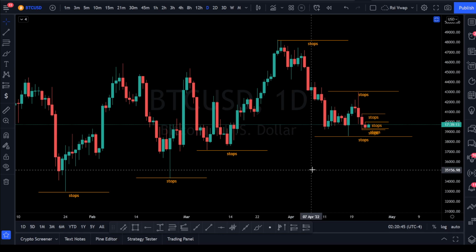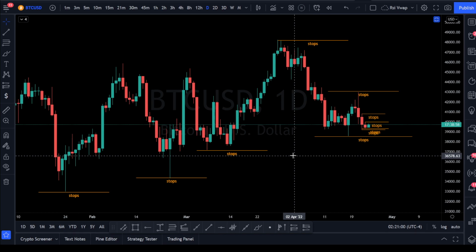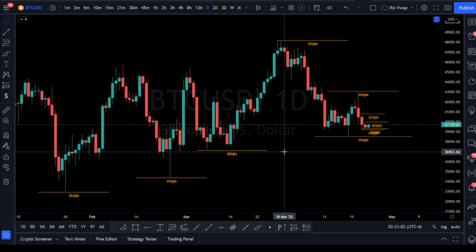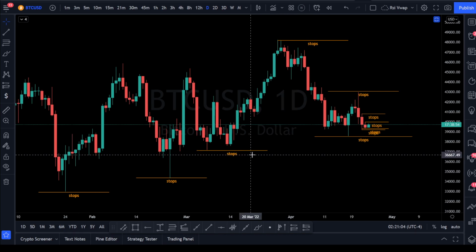Today I want to go over an important issue, and that's how market makers move the markets and liquidity. Basically, liquidity is areas in the market where there's money, which consists of stop losses, liquidations, things like that.